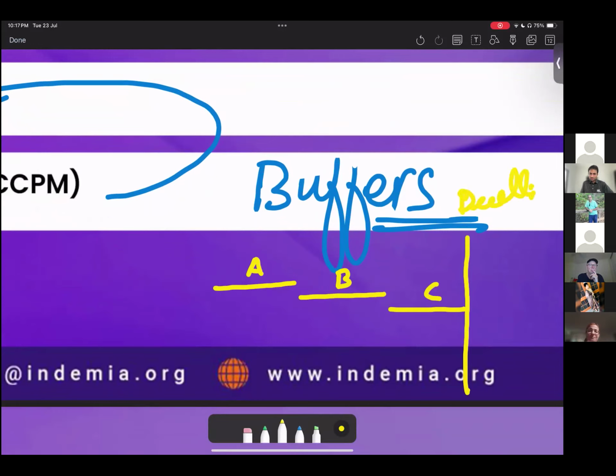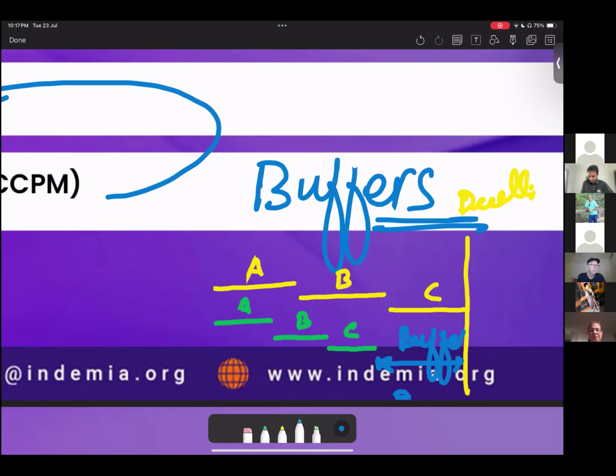So what you would be doing during the planning stage, you will be giving less time to the team member for A, less time for B, and less time for C, and you will keep this time as buffer to respond to any uncertainty.